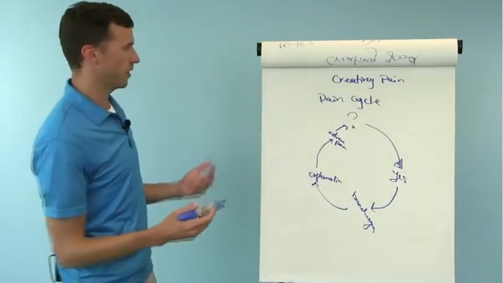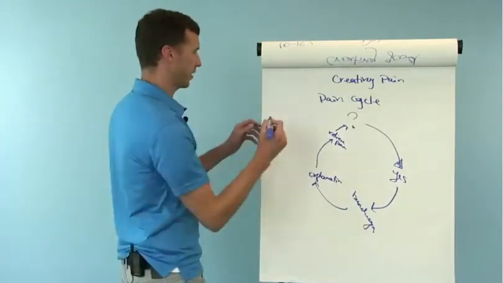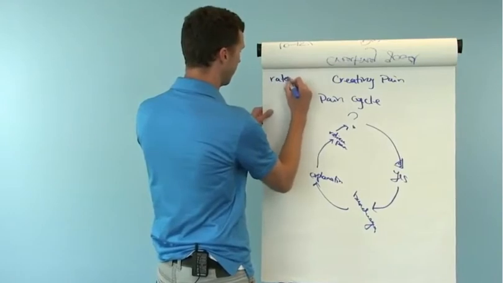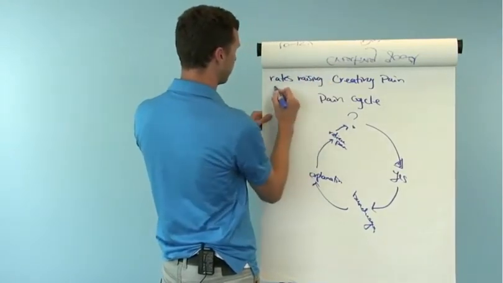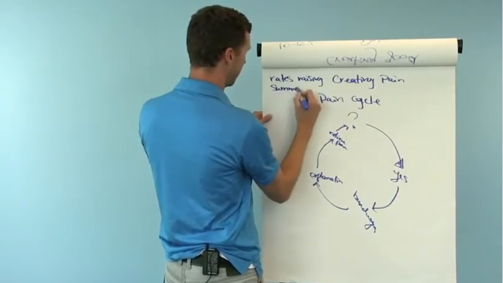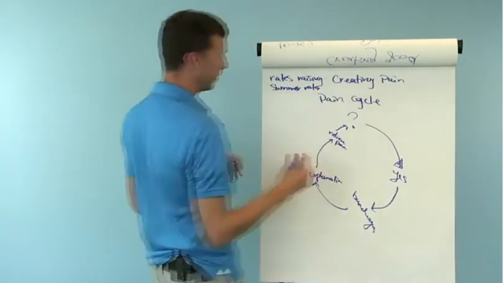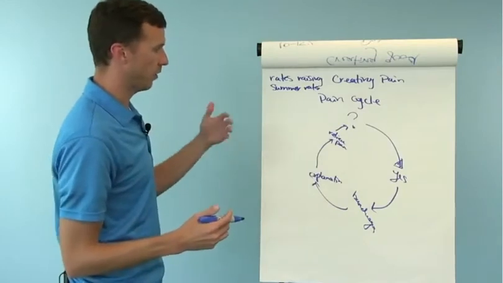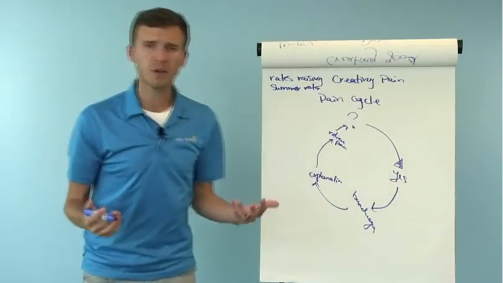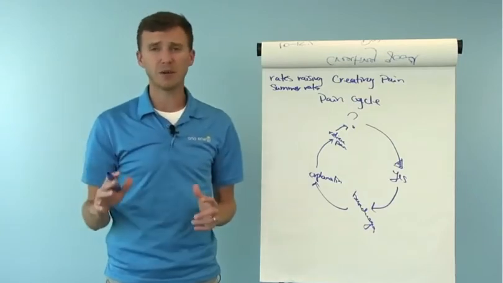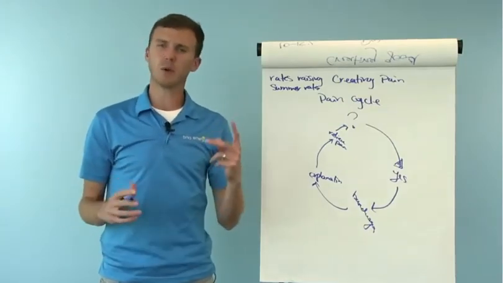So let me walk you through what this might look like with a couple sales points you might be using. Let's talk about rates raising, and let's talk about summer rates and how you might do a pain cycle with that. You're going to start with a question, something like, hey, Mr. Customer, one of the things we've seen a lot in this neighborhood is people are having one of 2 problems.